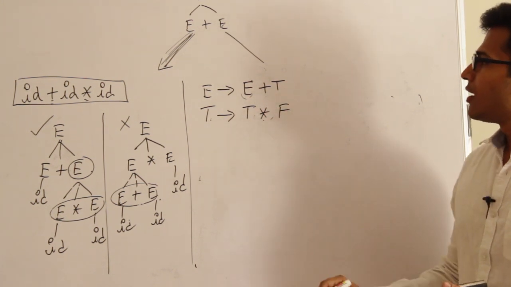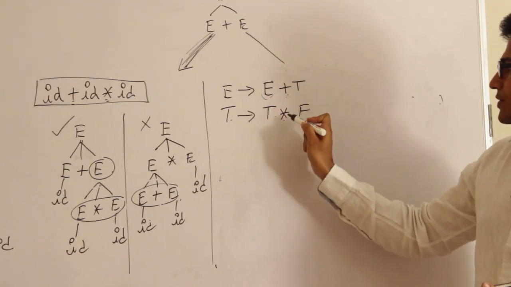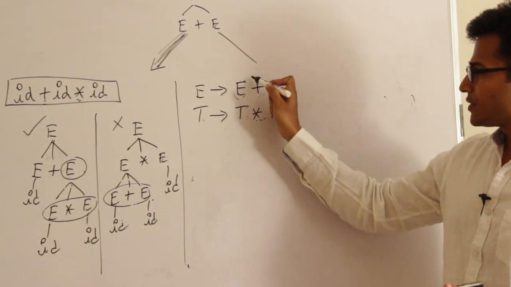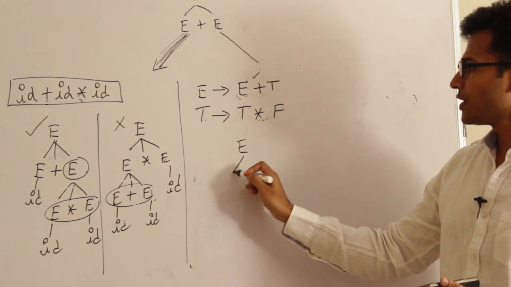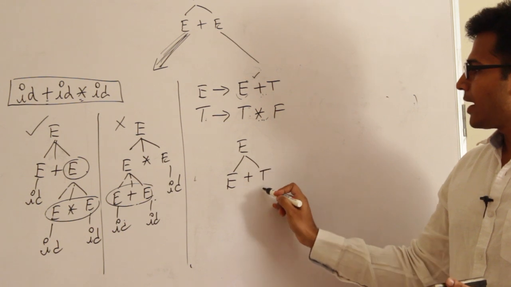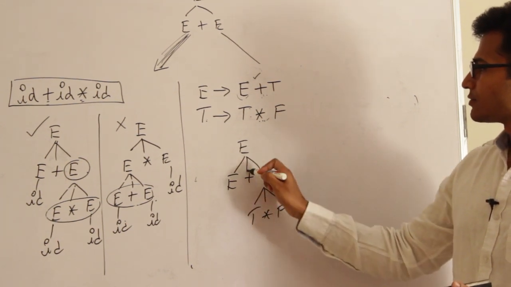And by having these two levels, if I have plus and star in an expression, I don't have any other choice. I have to first derive the plus, then only go for star. Why? Because I have only this option, right? E derives E plus T and then T derives T star F. I don't have any other option here, isn't it?